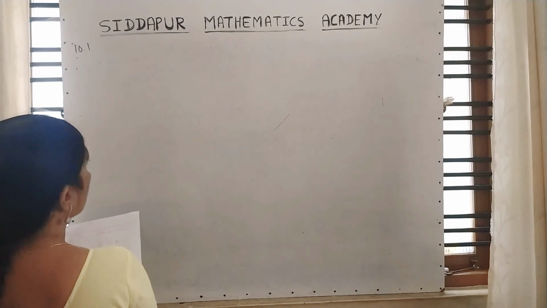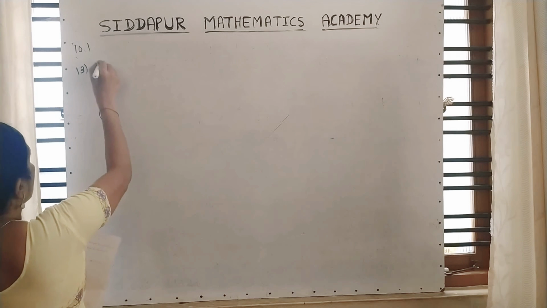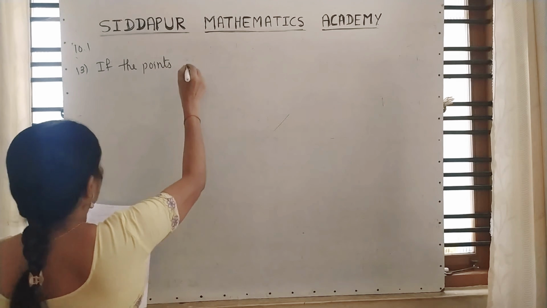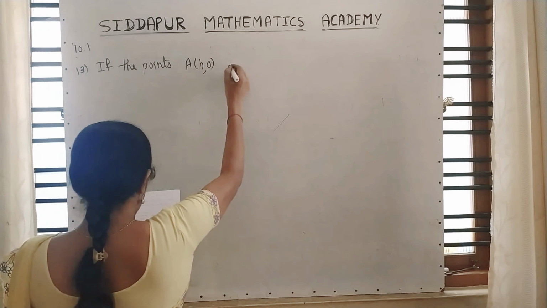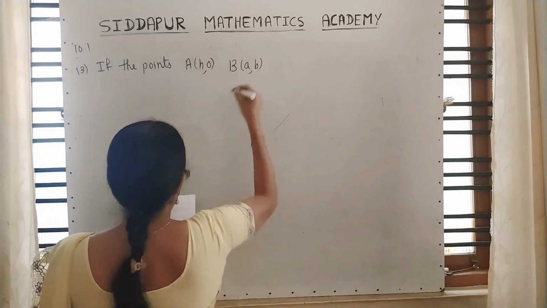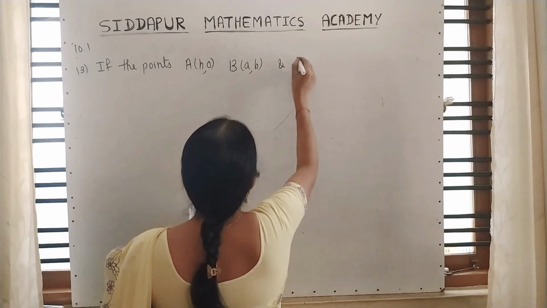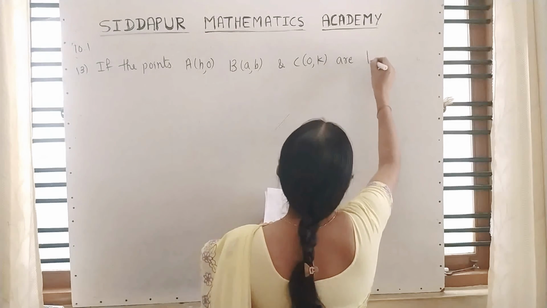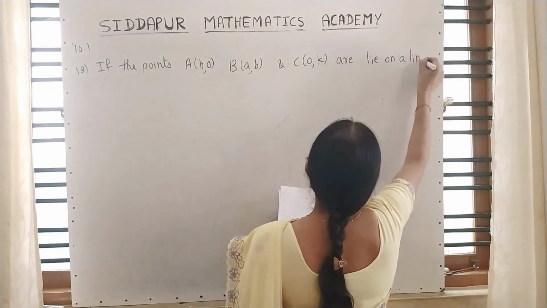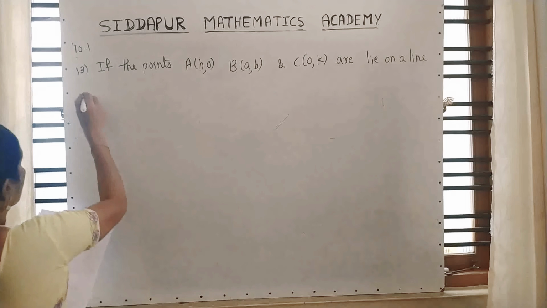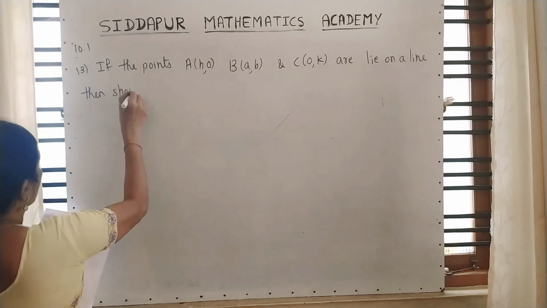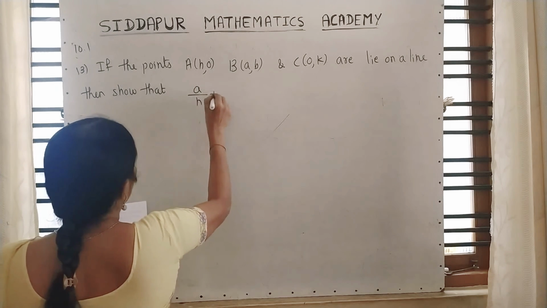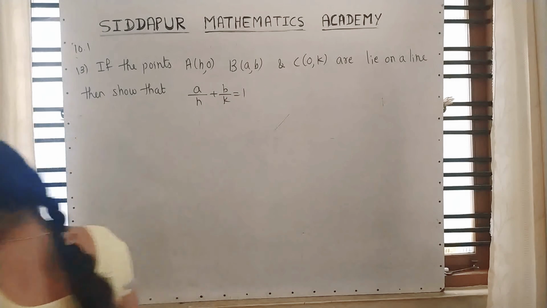If the points A (h comma 0), B (a comma b) and C (0 comma k) lie on a line, then show that a upon h plus b upon k is equal to 1.